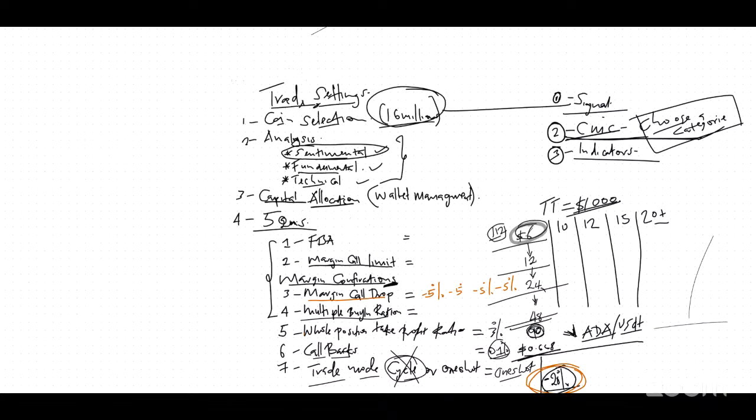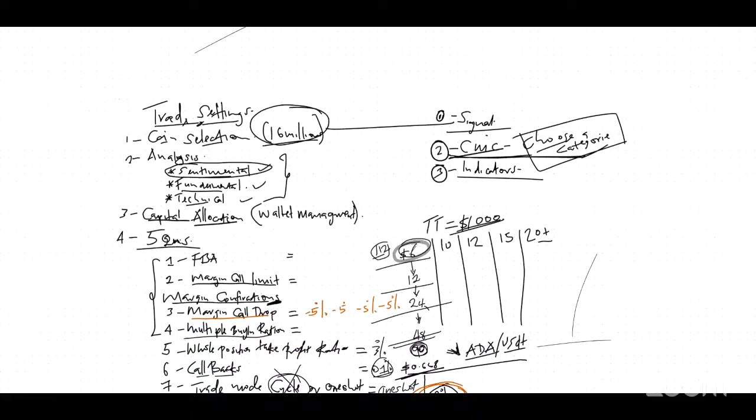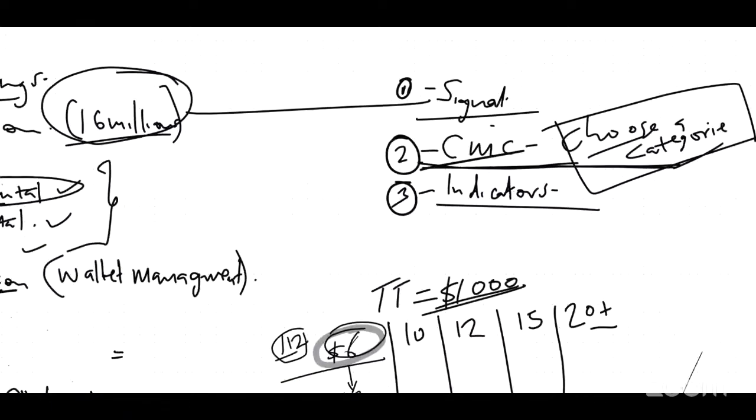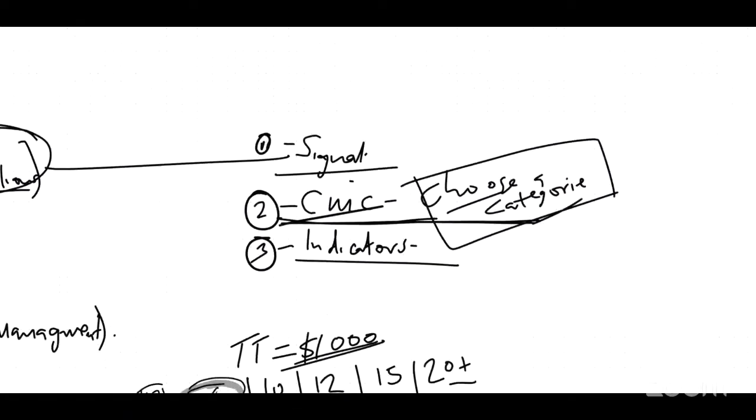We said you can make market entries using signals, or by picking a coin, or indicators.